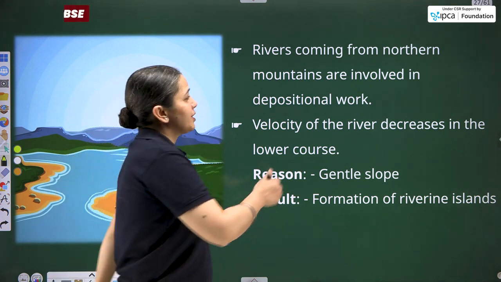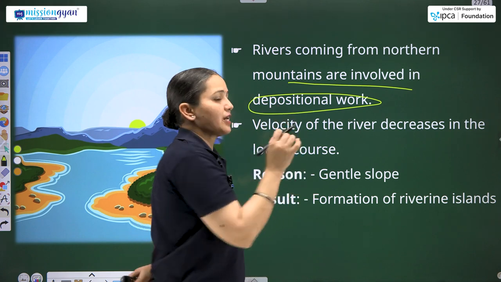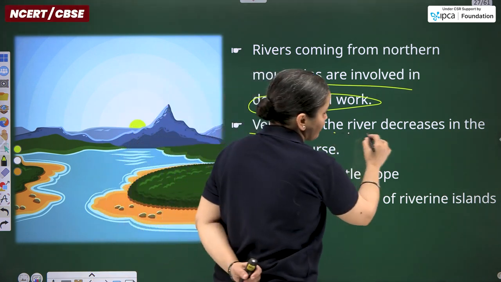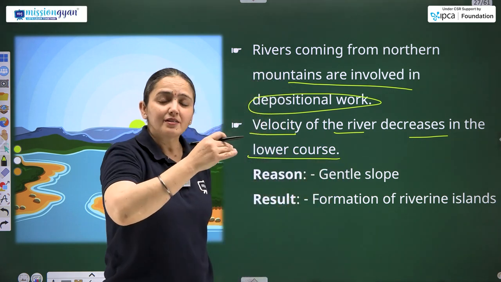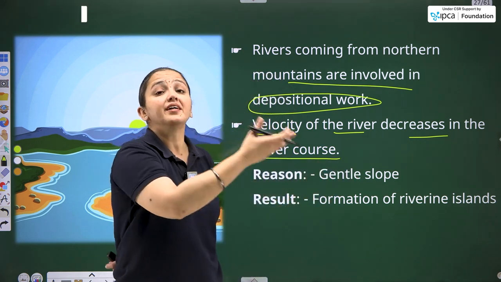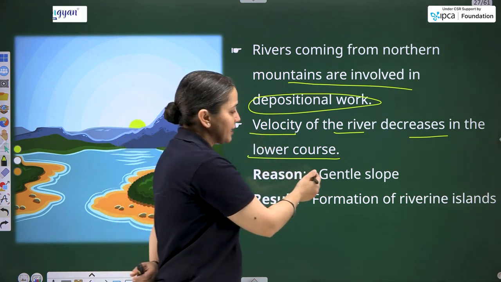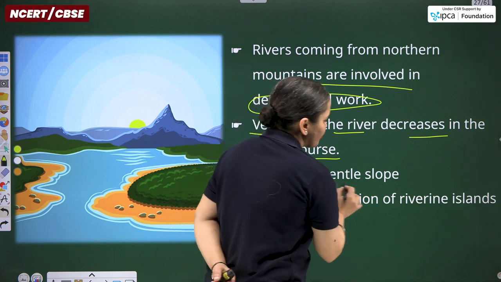So survivable conditions are present in the northern plains as compared to the rest of India. Rivers coming from northern mountains are involved in the deposition work. The process has already been told to you. The velocity, the speed of the river, decreases in the lower course, when they are going to enter the plain. The reason for that is the gentle slope.